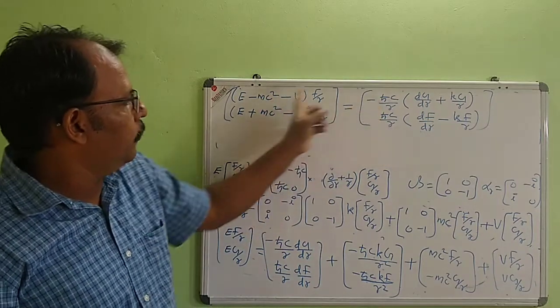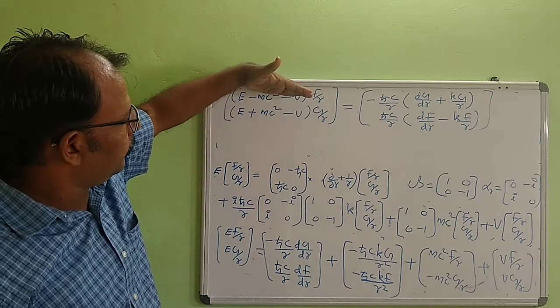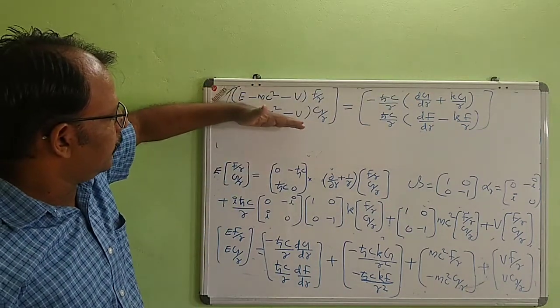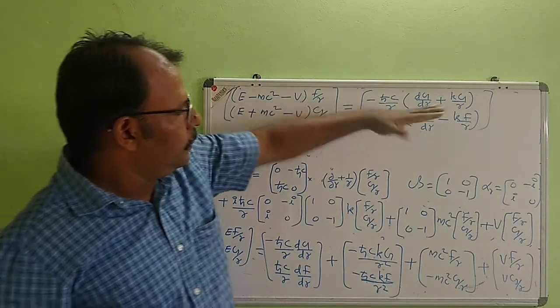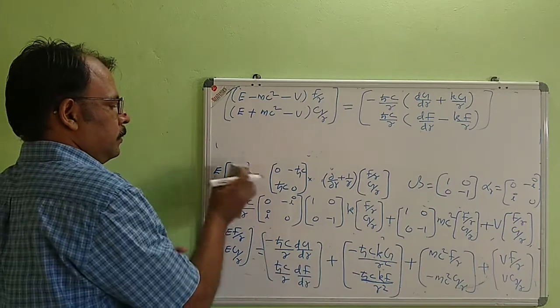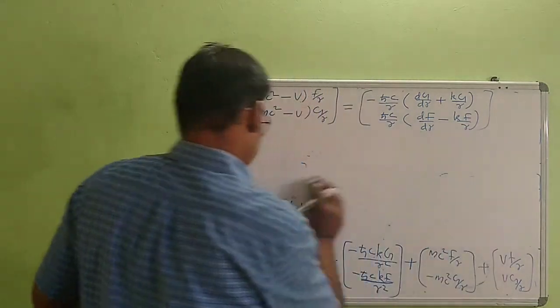From that we will be having two equations. We can equate the first element on the left hand side to the first element on the right hand side, and the second element on the left hand side to the second element on the right hand side. So we will be having two equations.